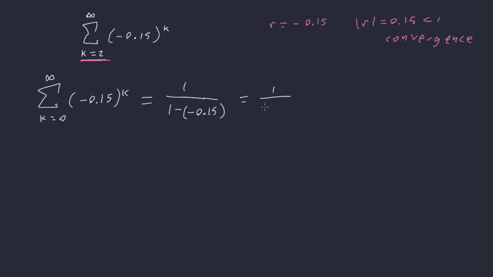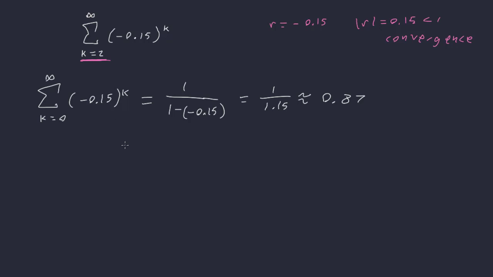So we'd get 1 over 1.15, and we could figure out what that is. Maybe use our calculator to see that 1 divided by 1.15 is, oh, well, it doesn't come out to be anything very nice. So I'll just say it's approximately 0.87-ish.